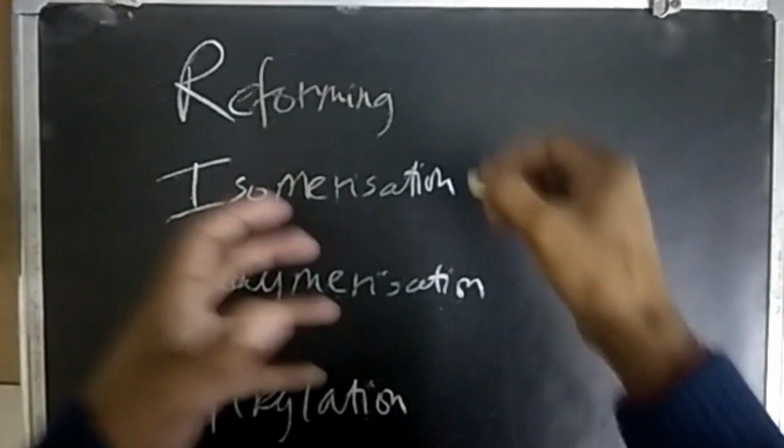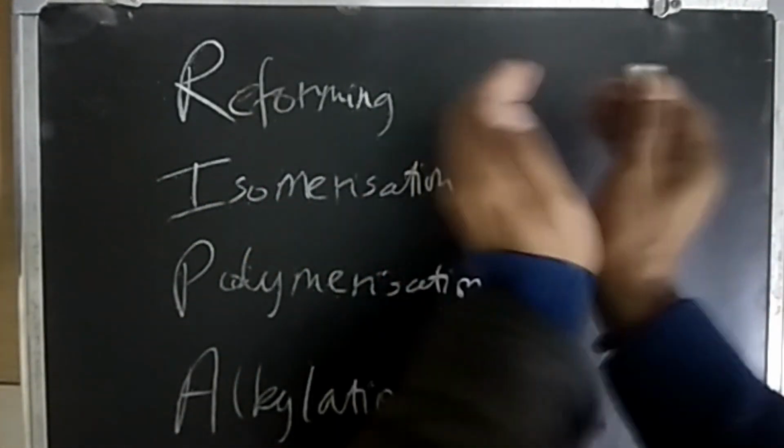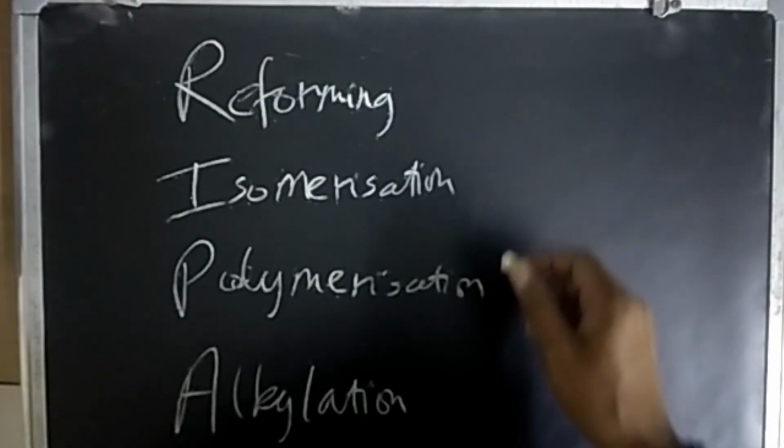Reforming means to reform whatever is broken, to make a better product, and this is done to improve the octane number.